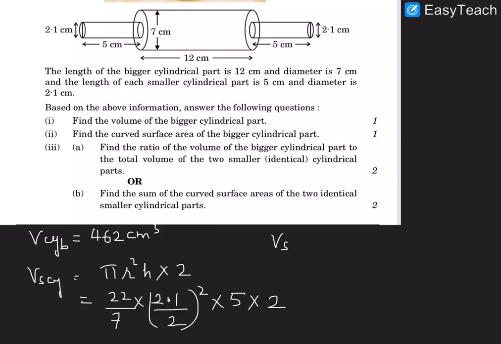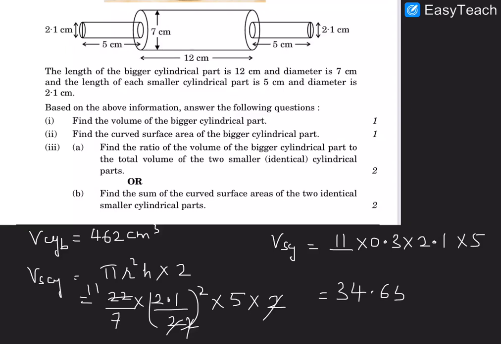So volume of small cylindrical part comes out to be: 1 2 will cancel out here, another 2 will cancel here. 7 3s are 21, so 0.3 into 2.1 into 5, which gives you 34.65.